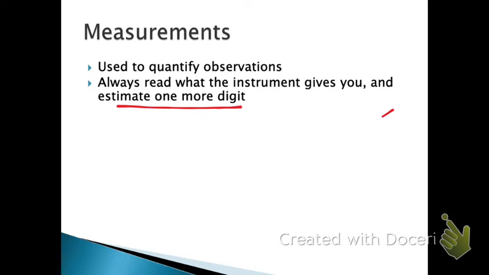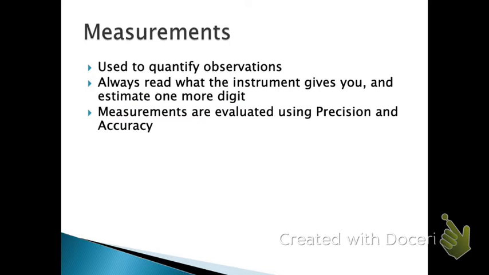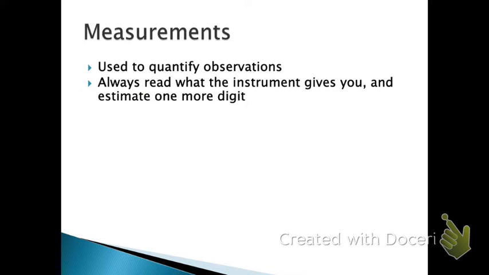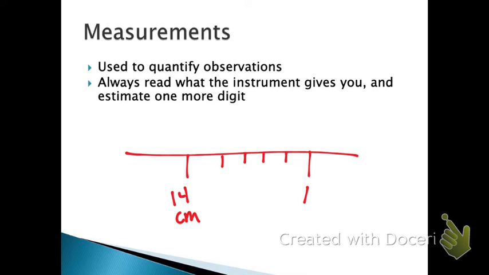Okay, I'm going to give you an example here real quick. So let's say that I've got a ruler here. Let's say this is 14 centimeters and this is 14.5 centimeters, and it keeps going, whatever.